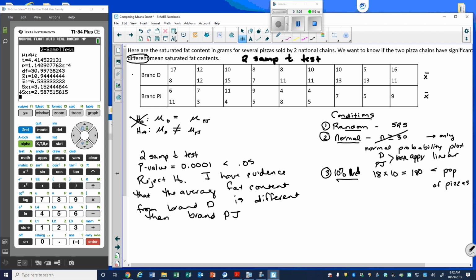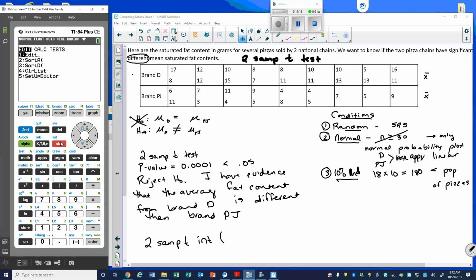Now, to support that conclusion a little more, we can also run a 2-sample T interval, same type of computation, but we're looking at the interval instead of the test. So if I go back to stat, over to test, but this time scroll down and choose the 2-sample T interval, which is number 0. All of my data should already be in there from running the test.